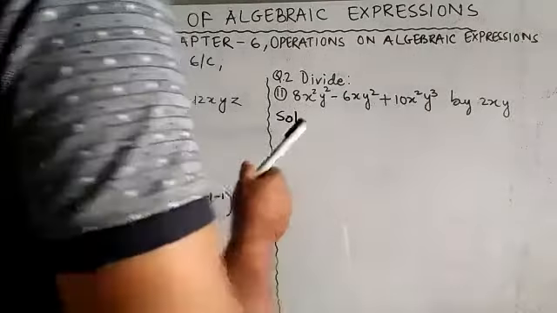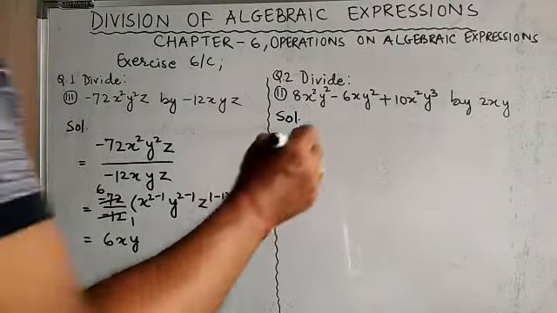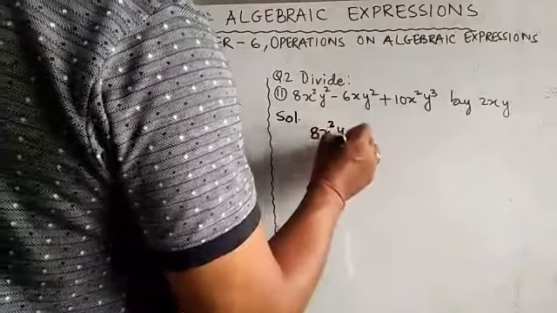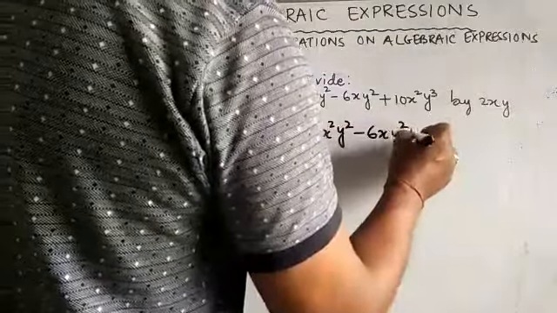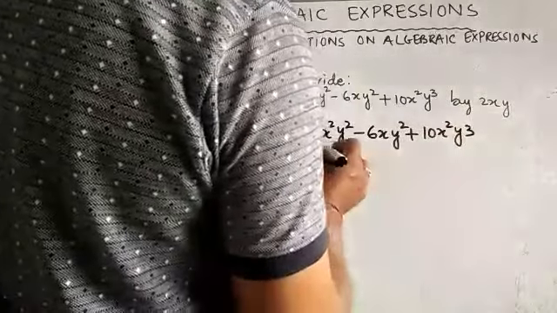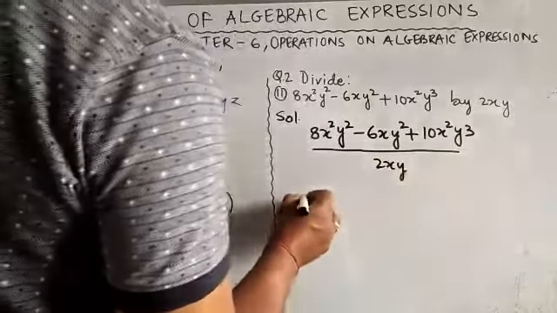In the next question, where we have to divide polynomials by monomials, again we write like this.